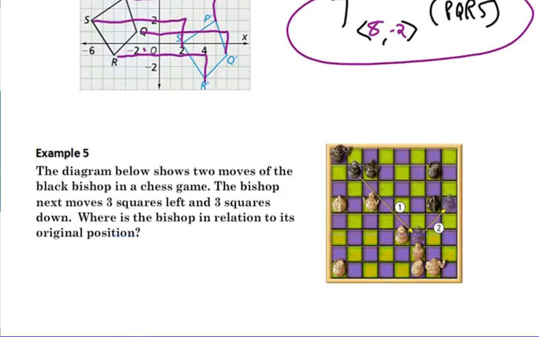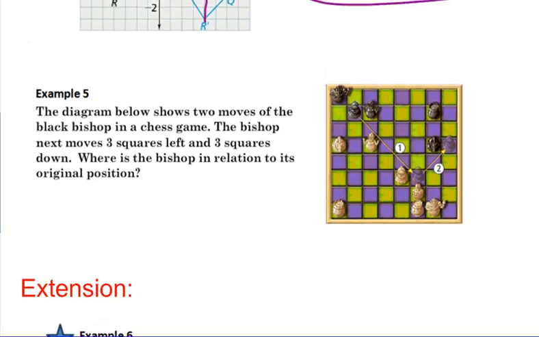All right, let's look at one example here. The diagram shows two moves of the black bishop in a chess game. I don't know if you know how to play chess. I'm really bad at it. But in a chess game, the bishop next moves 3 squares left and 3 squares down.